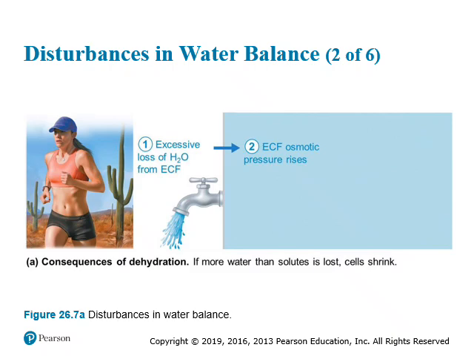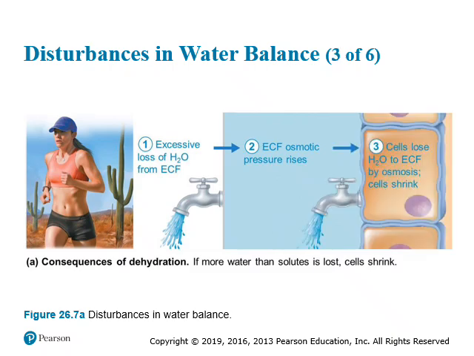This excessive loss of water from the extracellular fluid will result in the extracellular osmotic pressure rising, and the cells lose water to the extracellular fluid via osmosis.